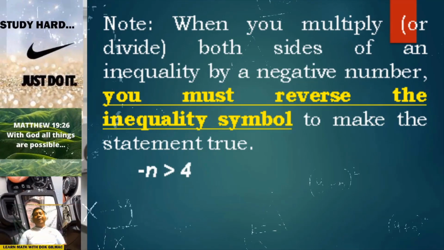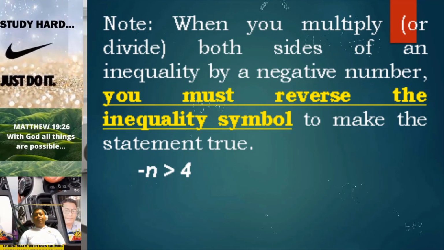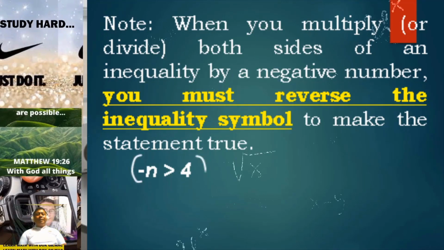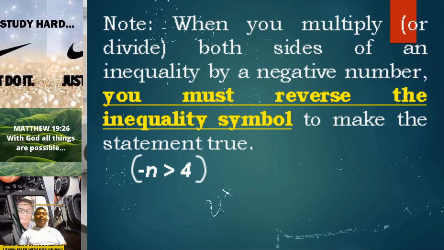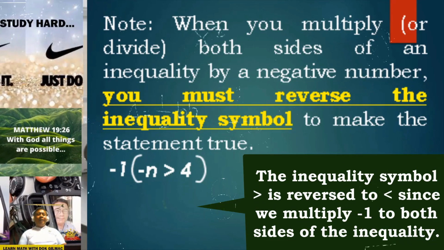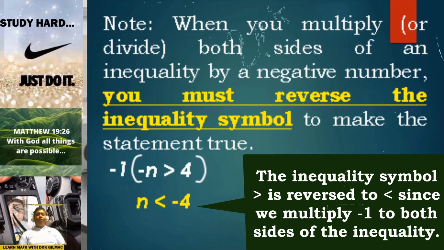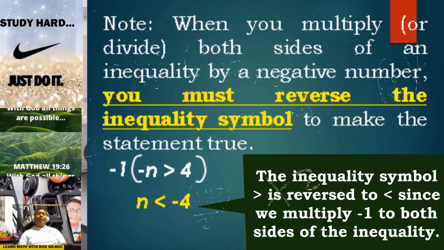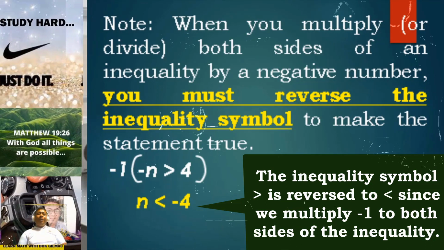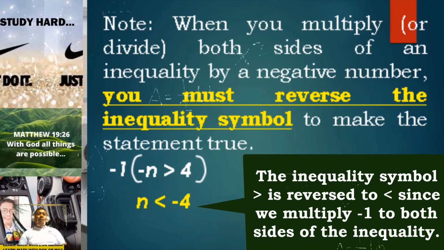We have here negative n is greater than 4. Multiplying both sides of the inequality by negative 1, so we have n is less than negative 4. As you can see, the inequality is simply reversed.